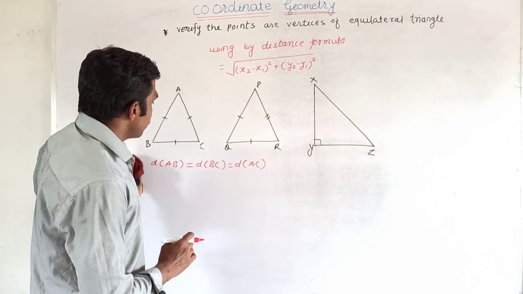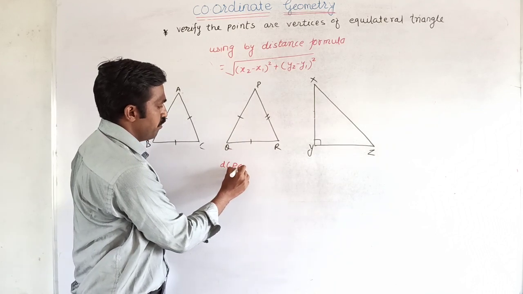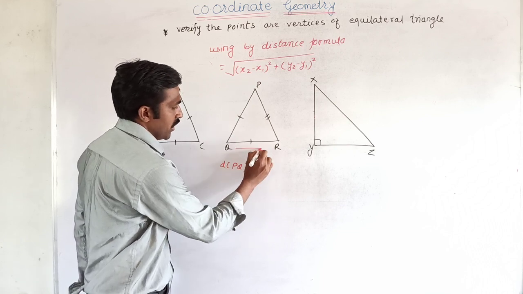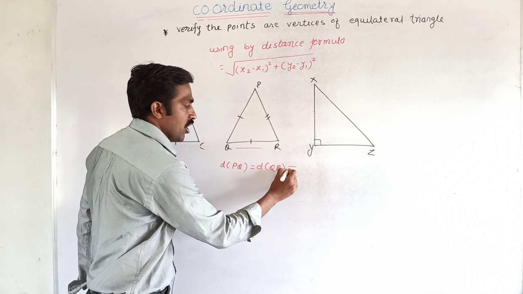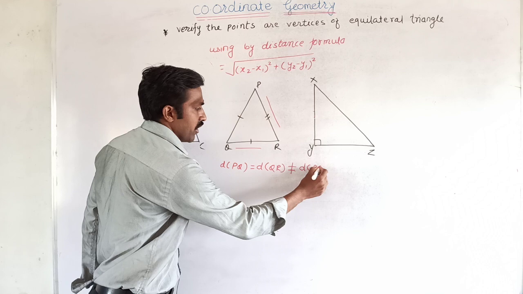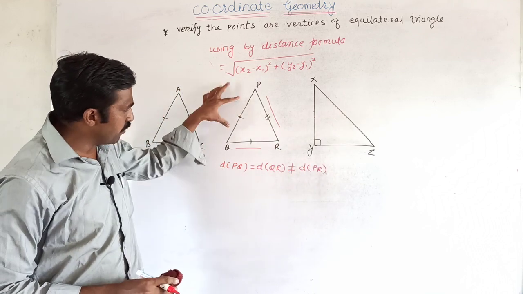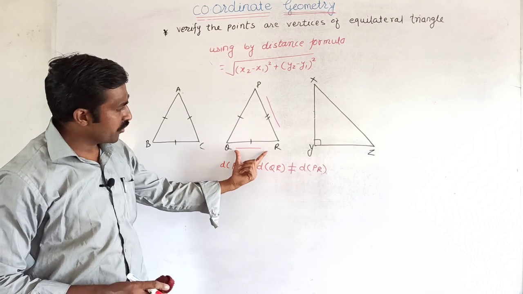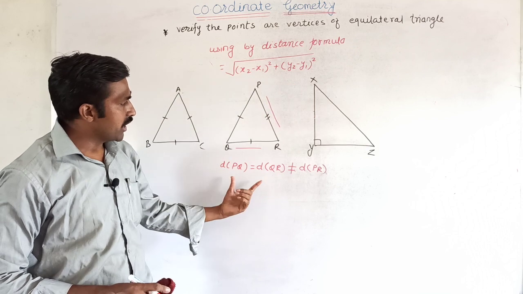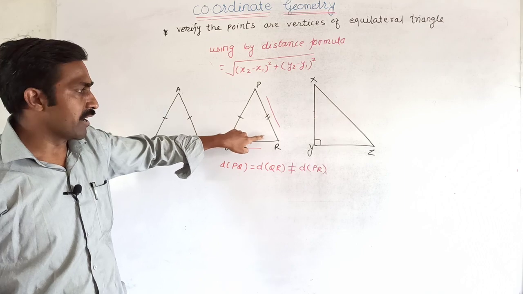So that time, using the distance formula, if you get the distance of PQ is equal to distance of QR, and QR is not equal to distance of PR, then these points are vertices of an isosceles triangle.